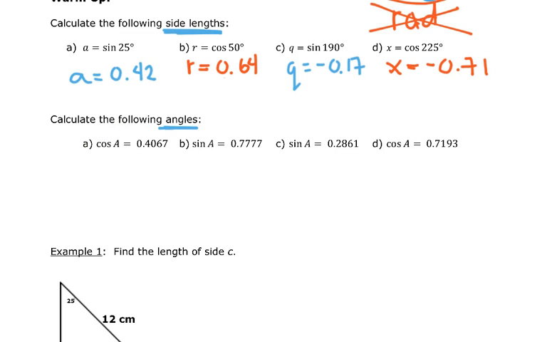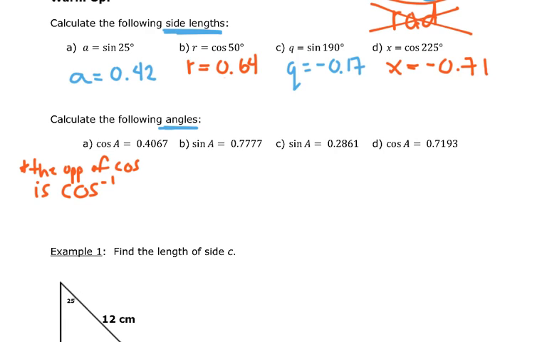So the opposite of cos, I'm going to write a little note, the opposite of cos is, take a look at your calculator, and you'll see the cos button. And take a look on top of the cos button. It should say a little something like this, cos negative 1, which is called cos inverse. So that is the opposite of cos, just like the opposite of sine would be sine inverse.